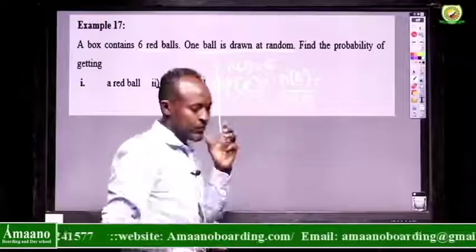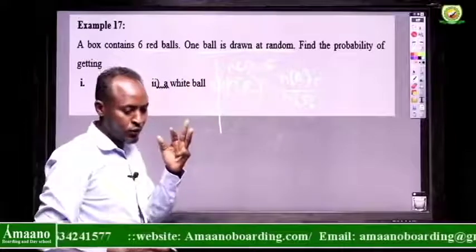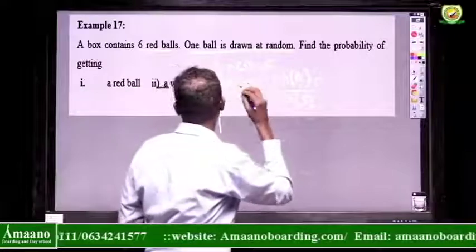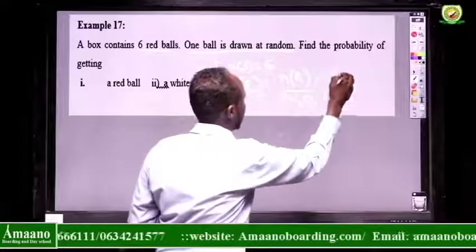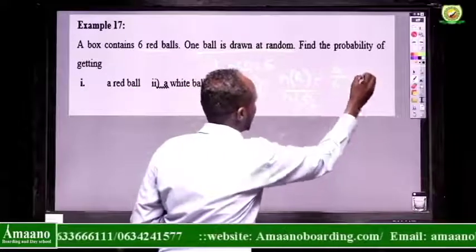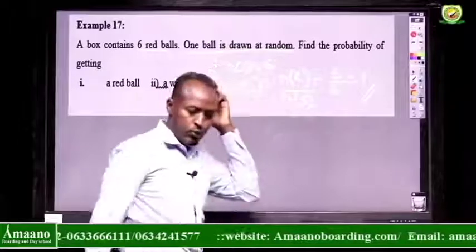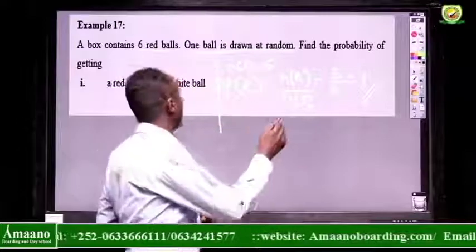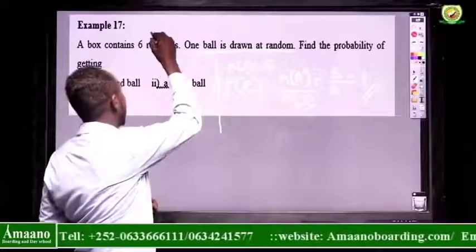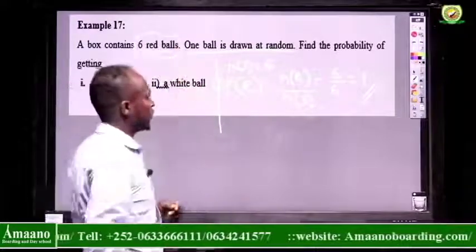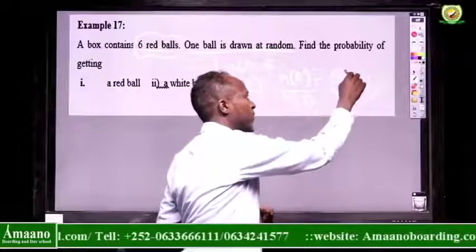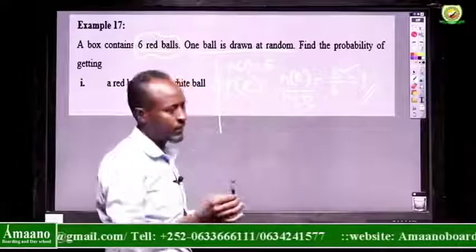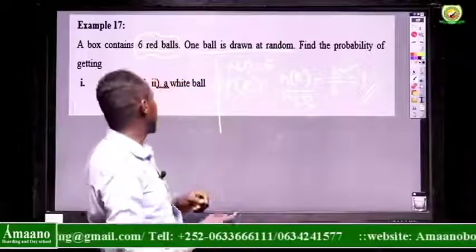Therefore, we have 6 red balls, and the total is 6 balls. So the probability of getting a red ball is 6 divided by 6, which is 1. It is very certain that whenever we select one ball from the box, it will be a red ball, because we have only red balls. The 6 is the required outcome: we have 6 red balls in the box, and we require a red ball. Therefore, it's 6 divided by 6.